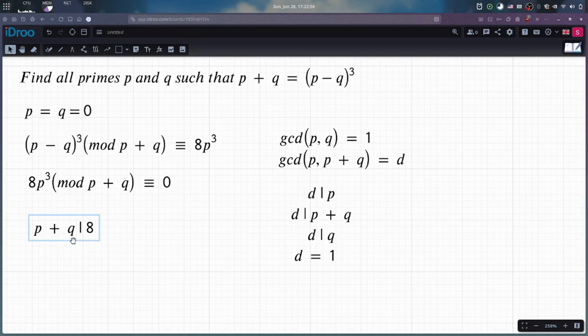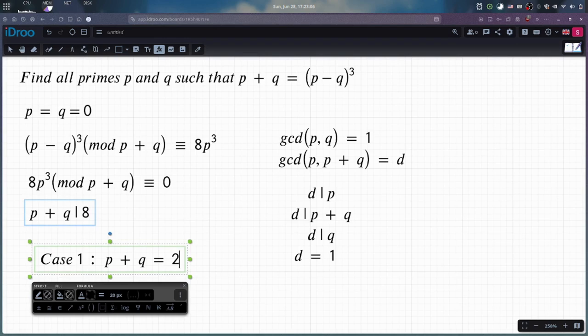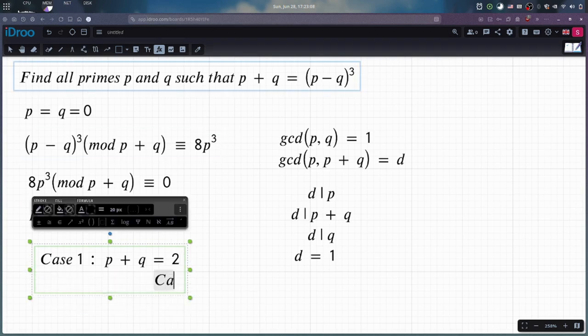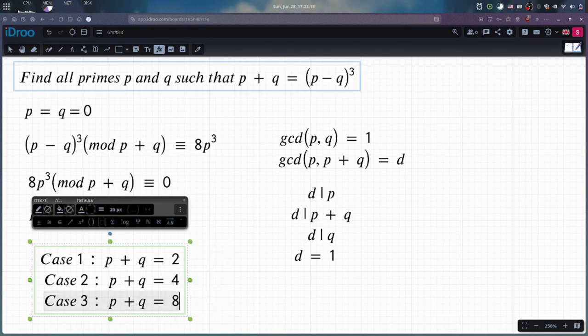Now we have a few cases. Case 1 is where p plus q is equal to 2. Case 2, where p plus q is equal to 4. And case 3 is where p plus q is equal to 8.